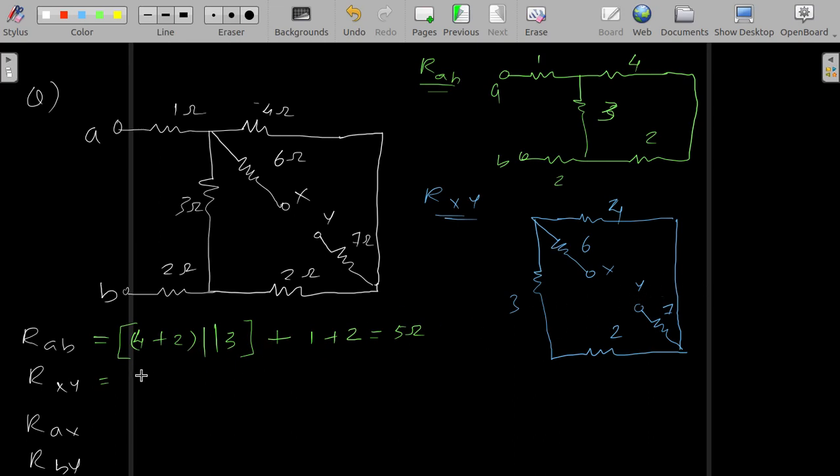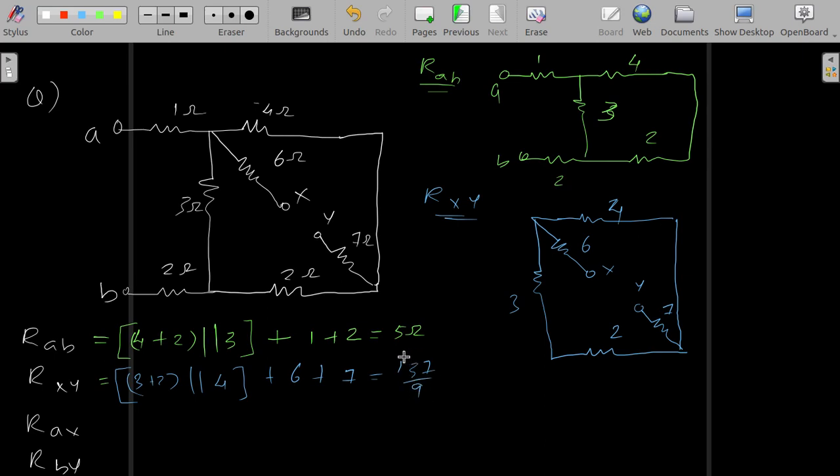So, how do you write? 3 plus 2 is in parallel with 4, is in series with 6 and 7. You can do the math, it will come to something like, I think 137 by 9.